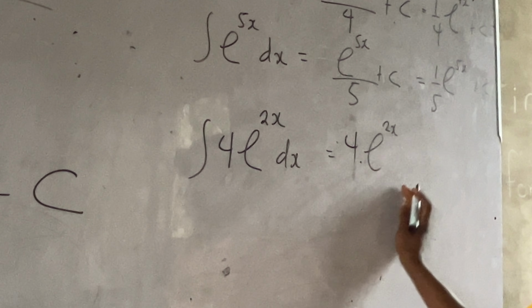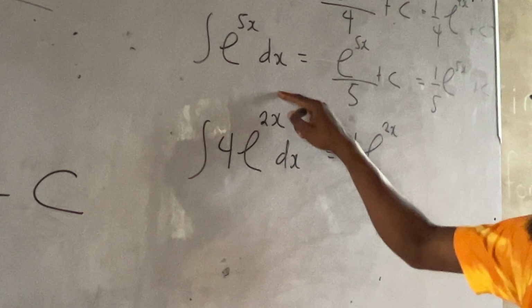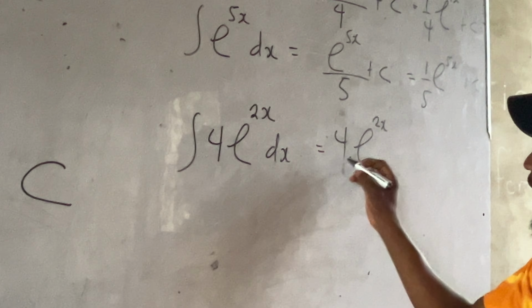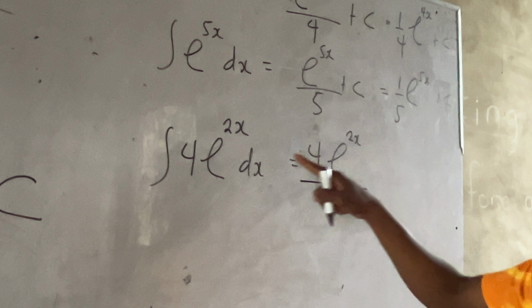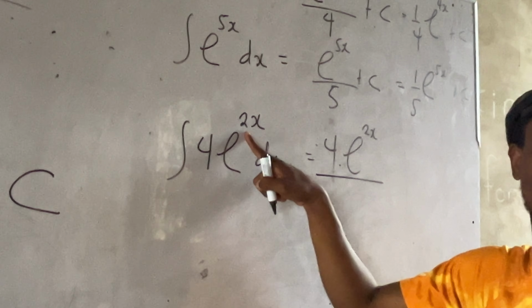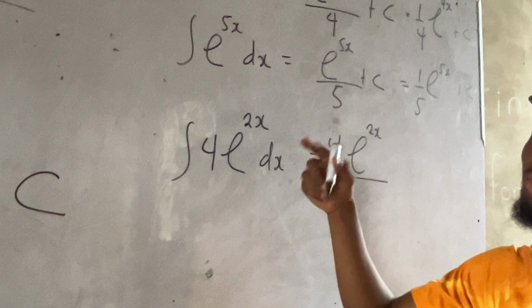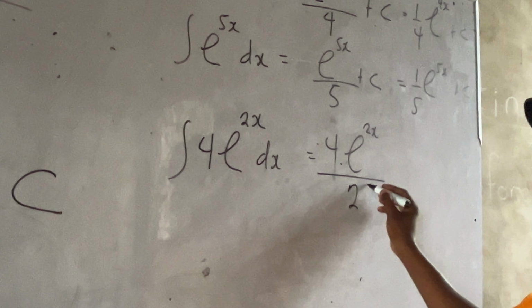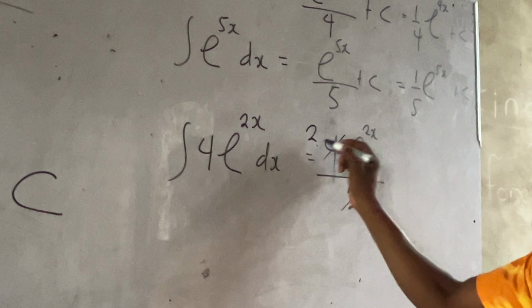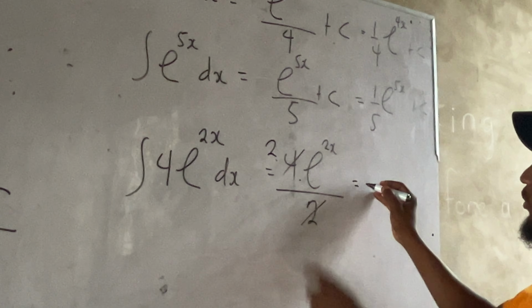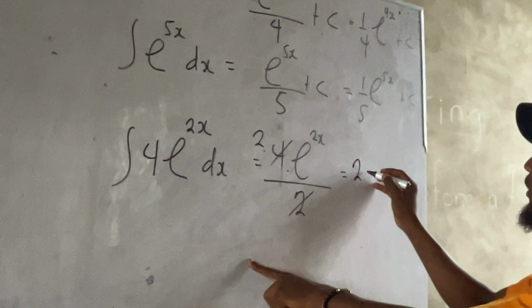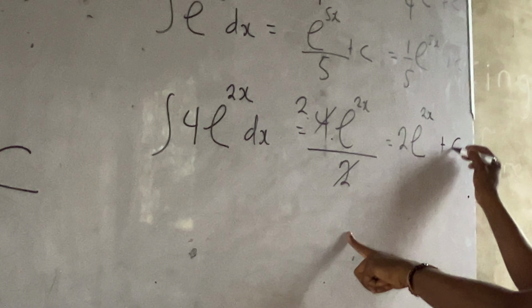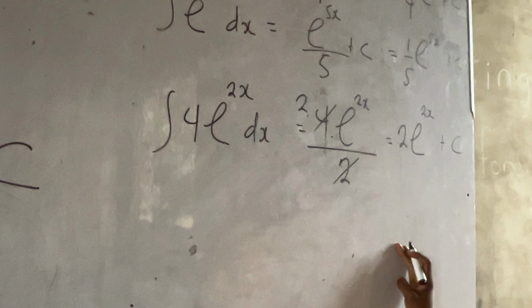So you repeat the whole term, then all over the derivative of 2x, which is 2. So 2 divides 4 two times. I have 2 exponential 2x plus your constant of integration.